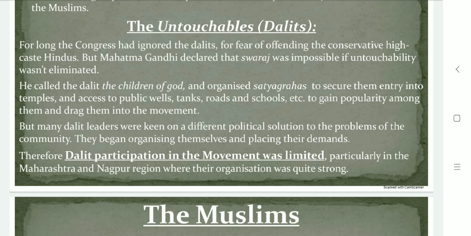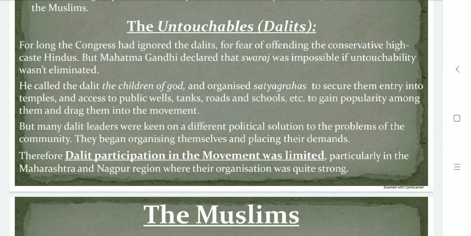For long, Congress had ignored the Dalits for fear of offending the conservative, high caste Hindus. But Mahatma Gandhi declared that Swaraj was impossible if untouchability wasn't eliminated. He called Dalits, or the untouchables, the children of God.